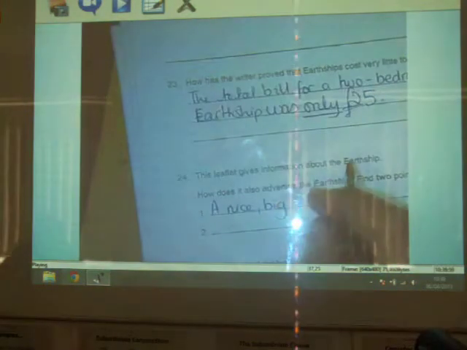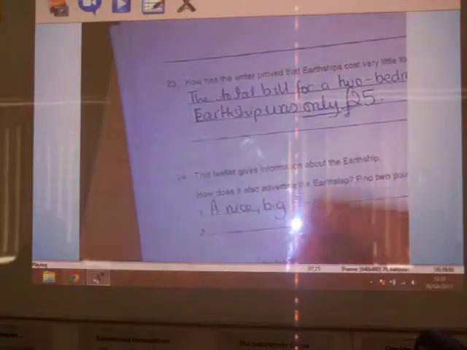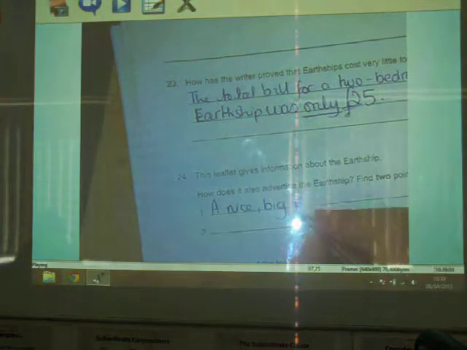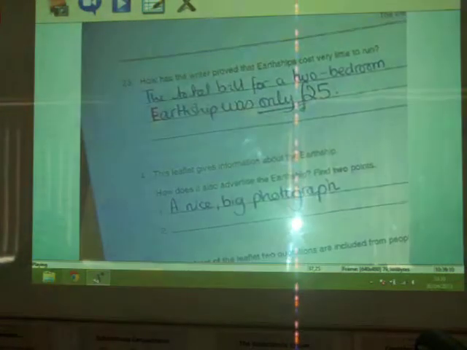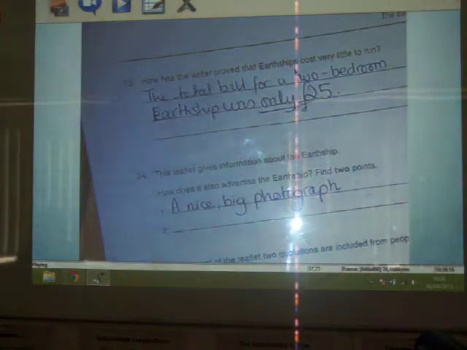You have a nice big photograph. How much space is it taking? Roughly half the page. So the big photo, half the page.